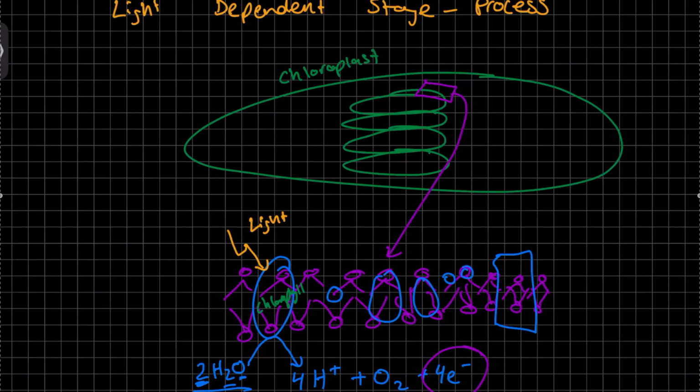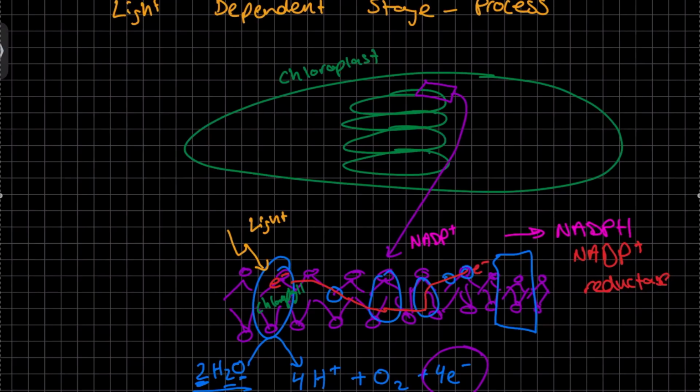So our excited electrons travel through certain proteins on the membrane and eventually reach a protein known as NADP+ reductase. This NADP+ reductase is an enzyme on the membrane which is responsible for catalyzing the reaction of NADP+ to NADPH, which we discussed before.